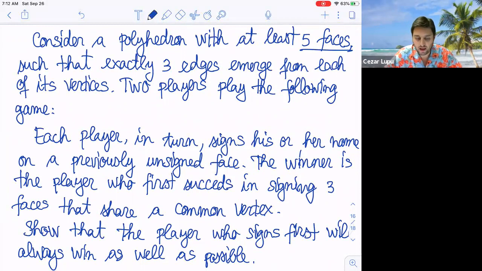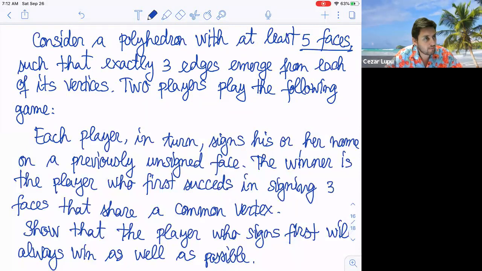As you can see, if you look at the statement, it's quite clear. We're given a polyhedron with a number of faces, with a number of edges that emerge from each of its vertices. And we have this game played by these two players.